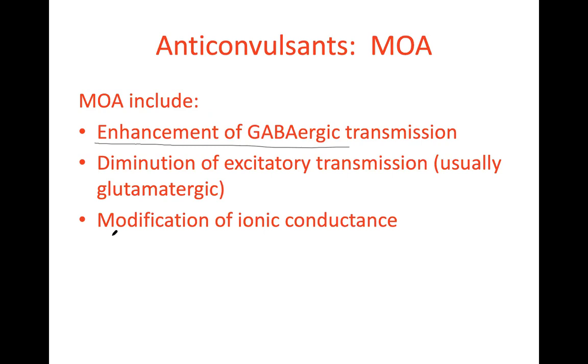Just like other cells, when they depolarize, we have sodium and calcium and potassium and chloride and those ions exchanging. It makes sense that when we are having excessive electrical activity, that activity could be modified by affecting the conductance across the cell membrane.